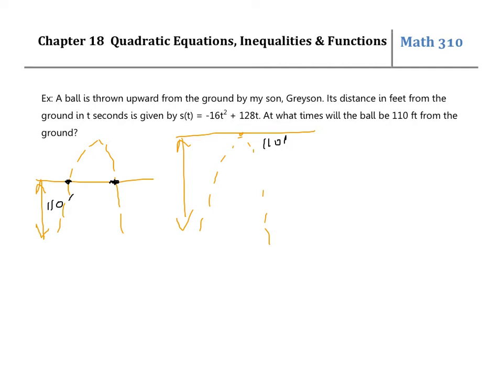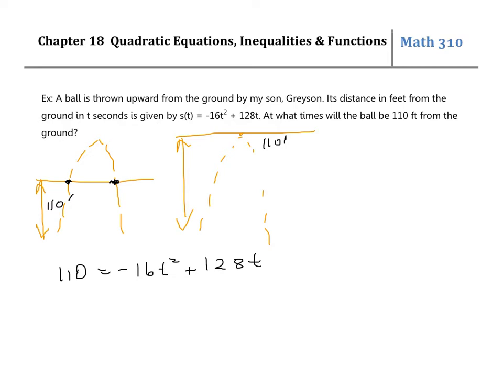Okay, so let's check this out. We're going to substitute in 110 for the distance, and then we're going to solve for the time. So we have that 110 equals negative 16t squared plus 128t.